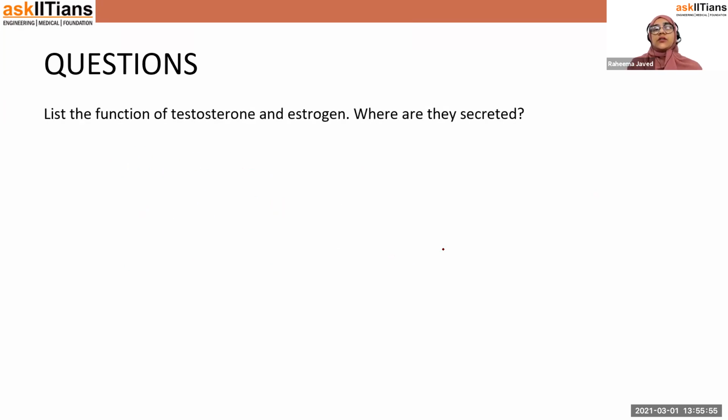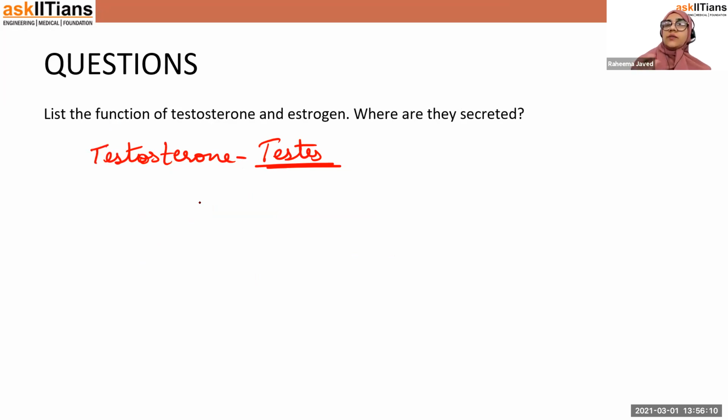List the functions of testosterone and estrogen. Where are they secreted? Testosterone is secreted by the testes. It is secreted for the proper development of the sperm, and also the appearance of secondary sexual characters, like the appearance of beard, the voice becoming high pitched, broadening of shoulders, etc. Estrogen, on the other hand, is secreted by the ovary.